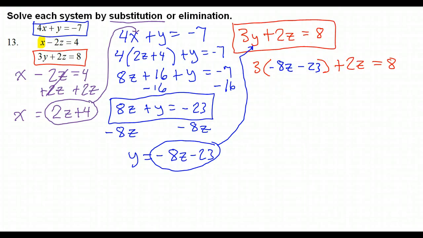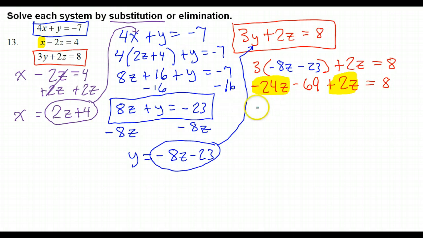So after our little distributive property, we're going to have negative 24z minus 69 plus 2z is equal to 8. We've got some like terms here with the negative 24z and the 2z. So we can put those together.